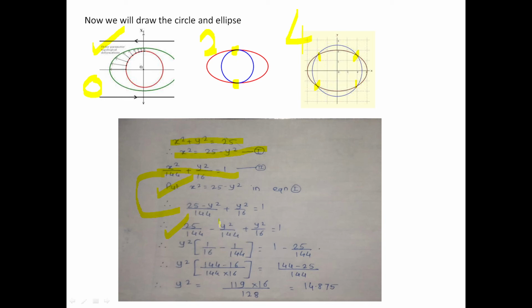I will take y square common from this. So my equation becomes y square into (1 by 16 minus 1 by 144) is equal to 1 minus 25 divided by 144, taking the 25 by 144 to the other side, where plus becomes minus. After performing the calculations, I get the value of y square as 14.875.